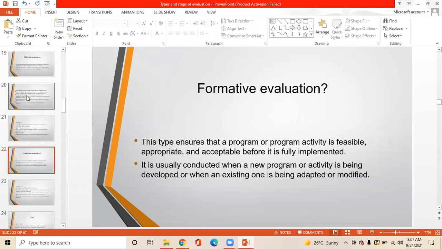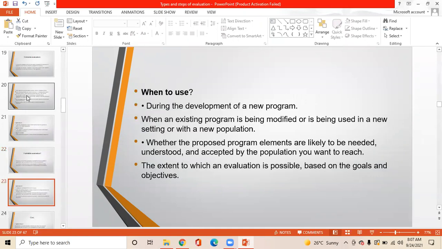Formative evaluation. This type ensures that a program or program activity is feasible, appropriate, and acceptable before it is fully implemented. It is usually conducted when a new program or activity is being developed or when an existing one is being adapted or modified. Now, when to use formative evaluation?